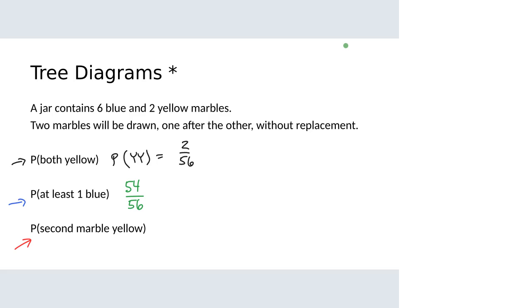Let's just have a do-over with that. So nothing's changed. It's the same question, same answer. What's the probability the second one is yellow? We'll go another 20 seconds, or how about, yeah, we'll go 20 more seconds and then we'll talk about it.